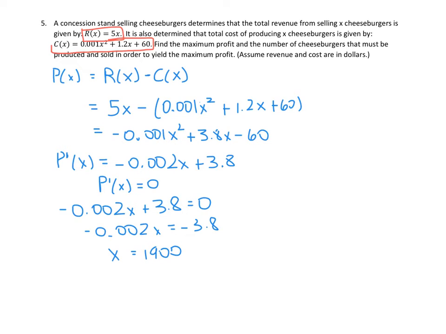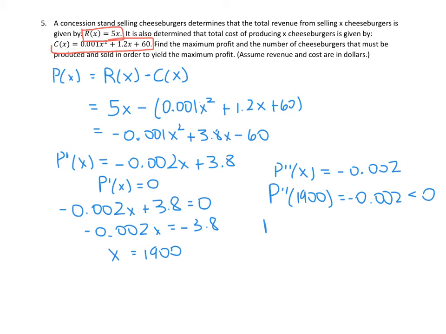To verify that x equal to 1900 is in fact a maximum, let's check using the second derivative. Taking the second derivative, we get negative 0.002, which is less than 0.